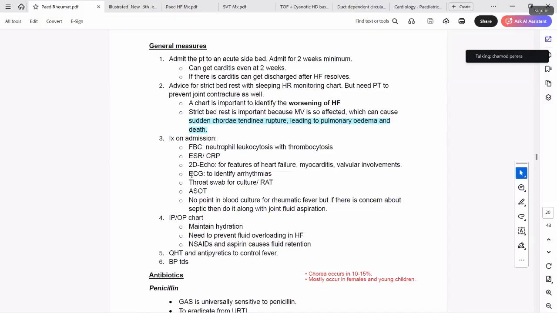And in order to find evidence of preceding streptococcal throat infection, you need to do a throat swab for culture, but most of the time, by this time, the bacteria is gone, so you will get a negative result with the culture. But you can do the rapid antigen test, and you can do ASOT and check the titres.